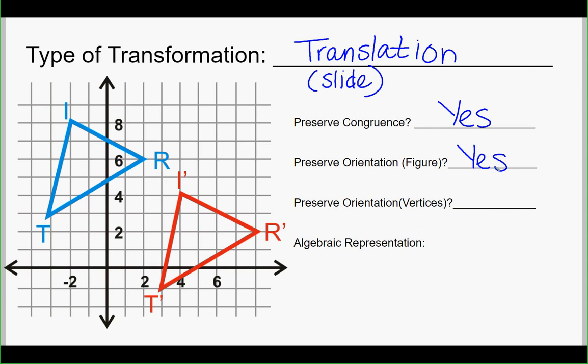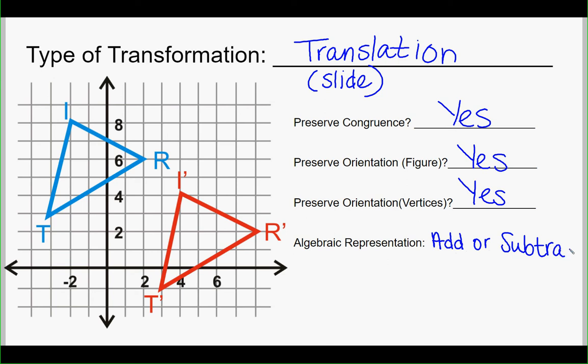Now, what about the vertices? Did we change any order or the directions the vertices are going? No. So the orientation is preserved as well. Now, for translations, what operation was that when we go to do our algebraic representation? Adding or subtracting, yes. So we're going to add or subtract.